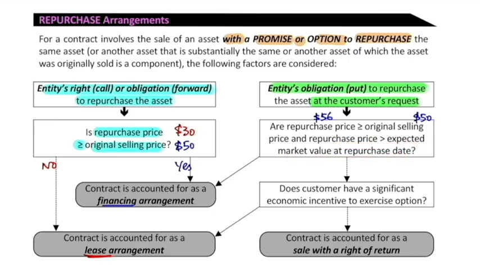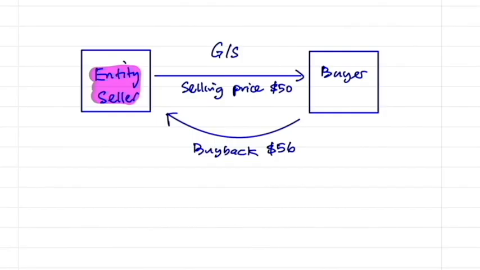If the market value at the date of repurchase is equal to 40 and the customer has a right to sell back at 56, and the value expected to be is 40 at the date of repurchase, then we treat this as a financing arrangement. The company is just getting a loan from the customer. The buyer has a right to sell back.